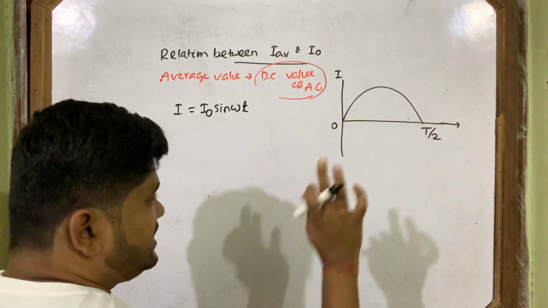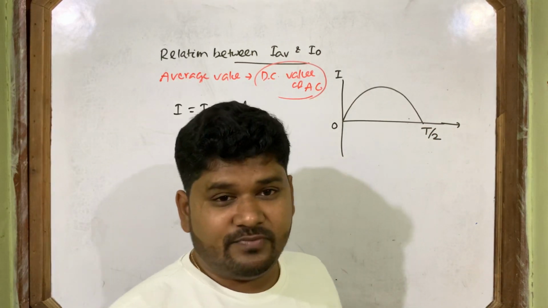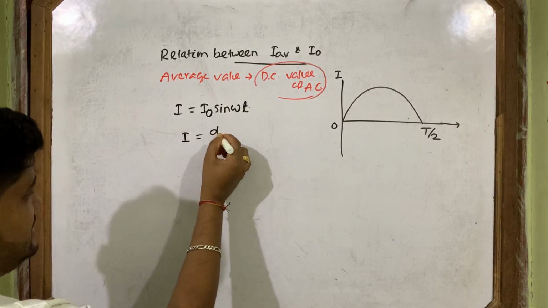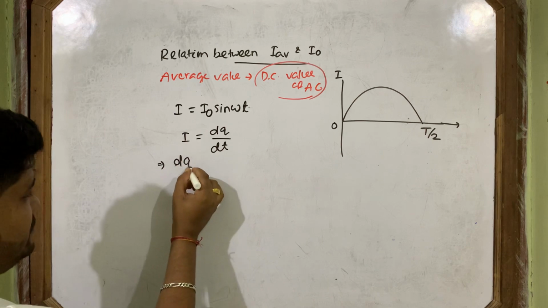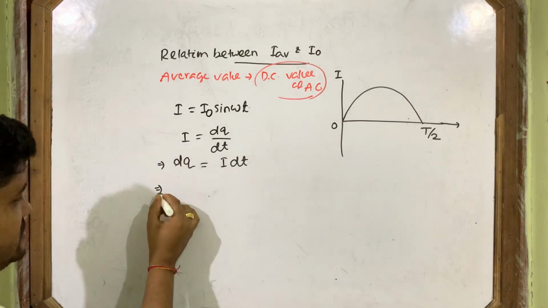So in this half cycle, how much total charge flows? Now let's find it. Here I is equal to dq by dt, so dq is equal to I dt because the current is not constant.